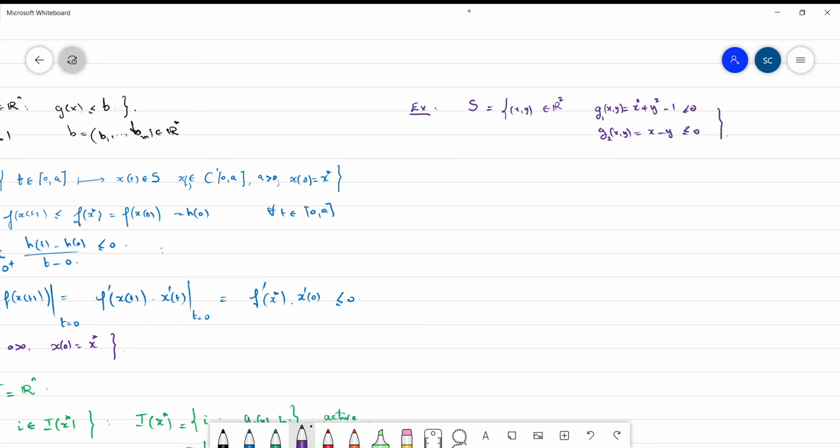So here you see that your function g is formed by two functions g1 and g2, and we can consider b as the vector (0, 0).